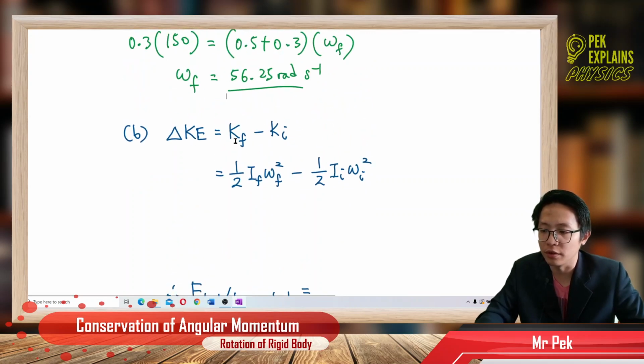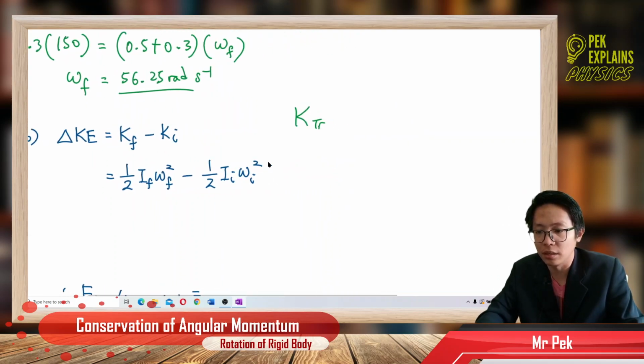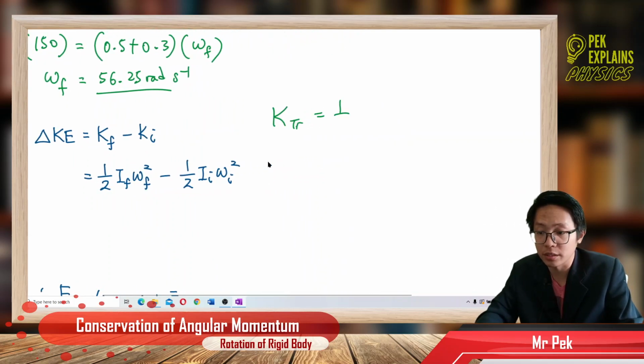So we use the final kinetic energy minus the initial kinetic energy, which is the change in kinetic energy. Kinetic energy, we have translational and rotational. Last time we learned about translational, which is half mv squared. Now, for rotational motion, mass is like I, v is like omega.